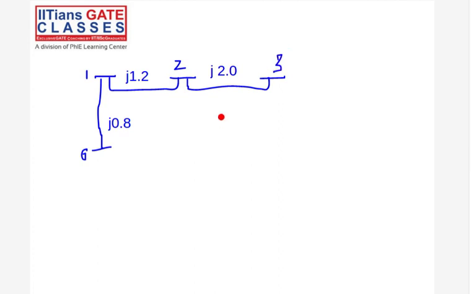So the line impedances are given. Find the Z bus.